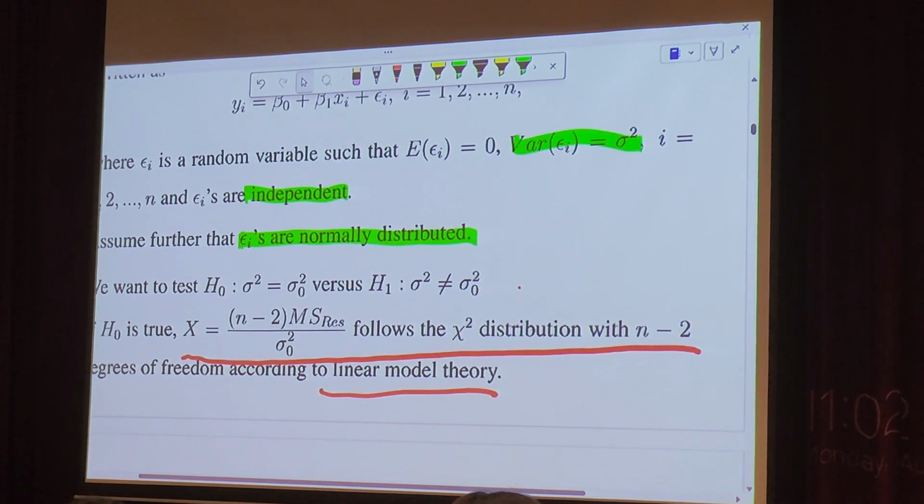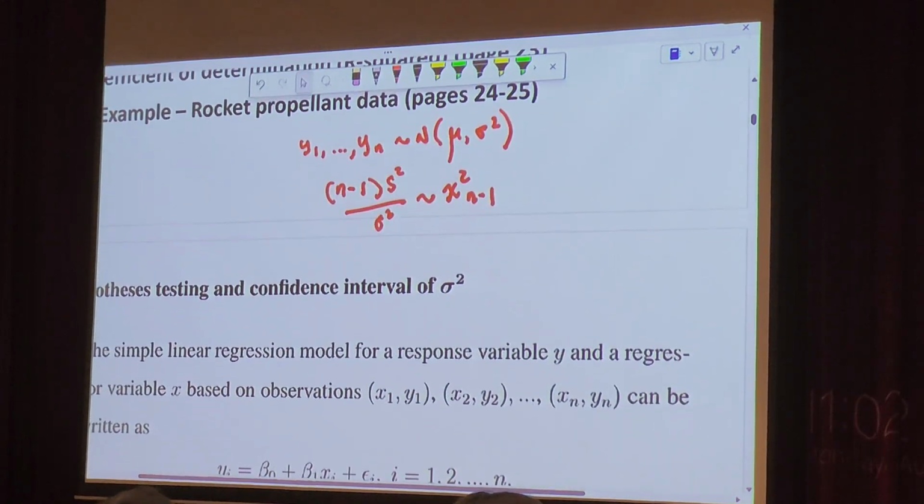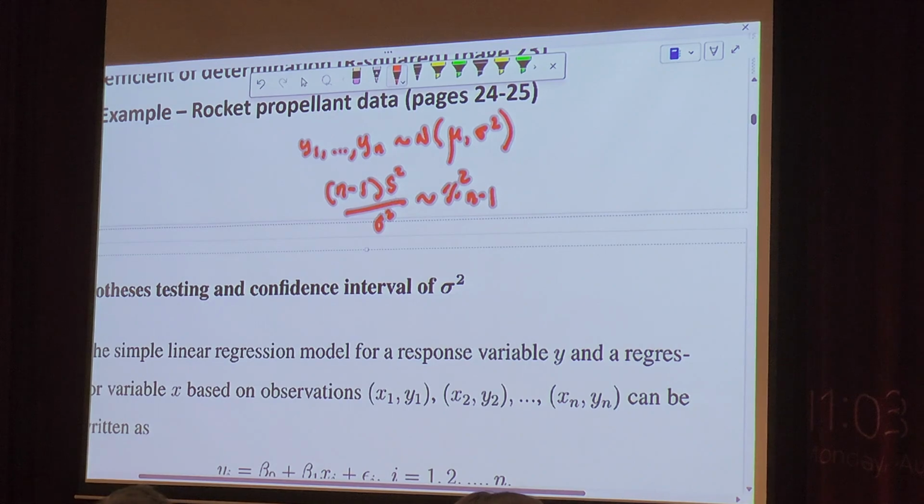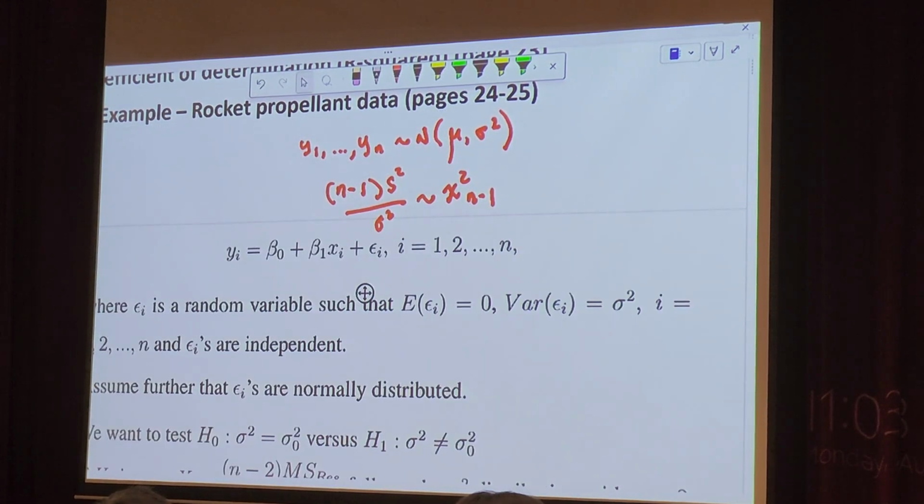Where the mean square residual is the estimate of sigma squared. So it's the same. This quantity is the estimate of sigma squared.